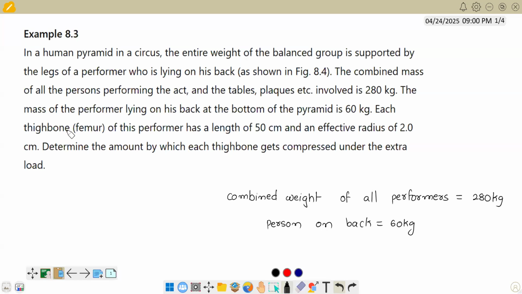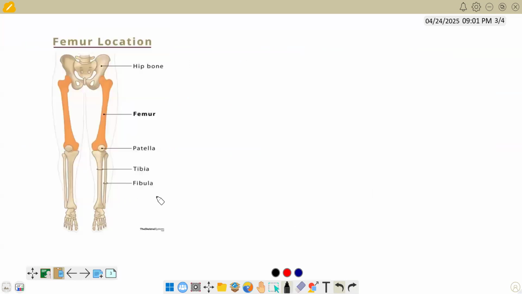So you can see the meaning of thigh bone, the femur that he's talking about. These bones have a length of 50 centimeter, and we take an effective radius of 2 centimeter, because the radius is not uniform.